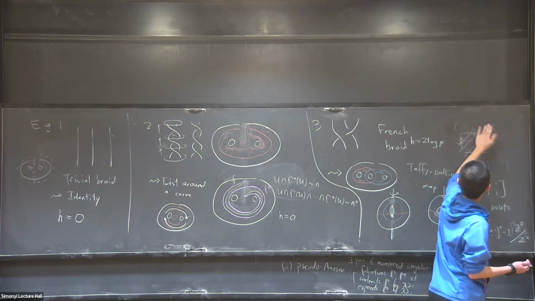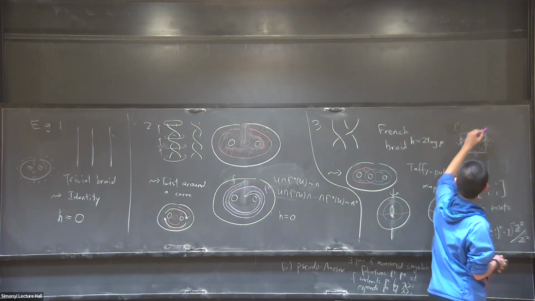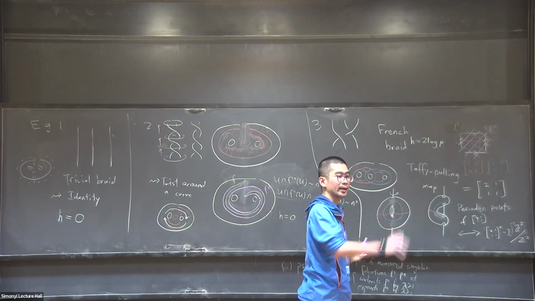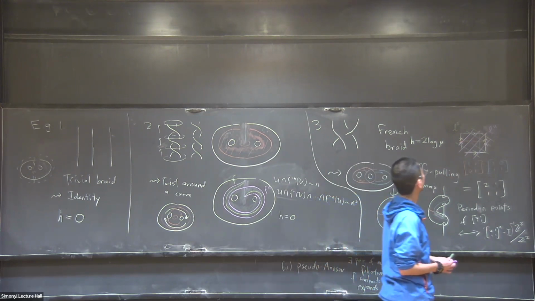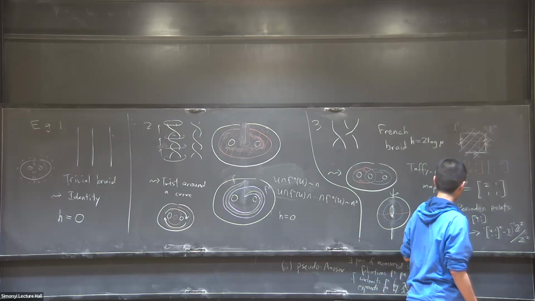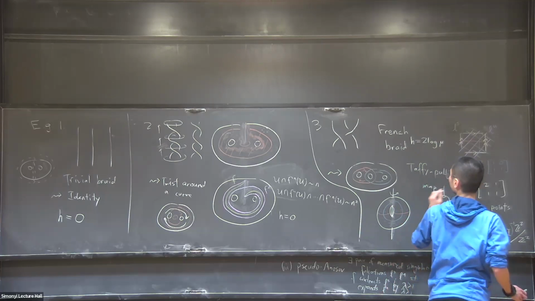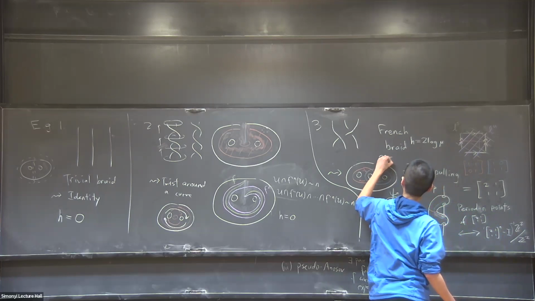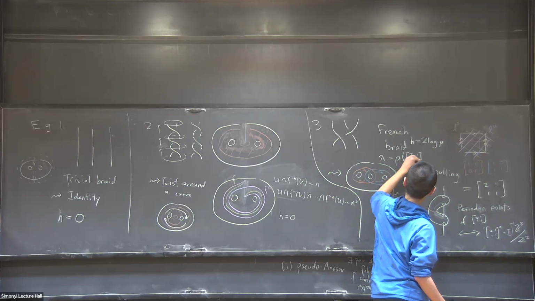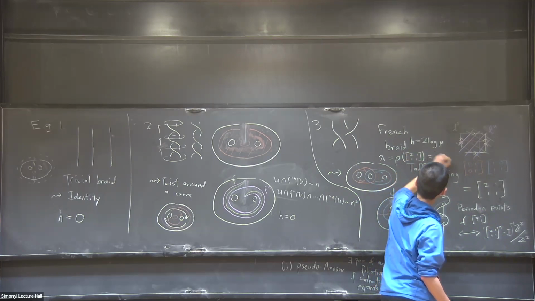And the purple is by definition all the directions that are expanded by the map. And in this case, this lambda is the spectral radius of my matrix, which is mu squared.